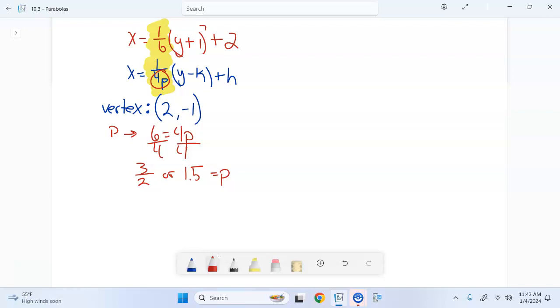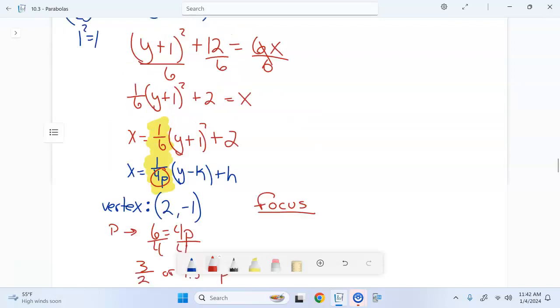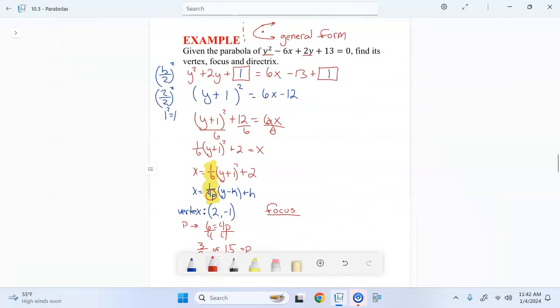So now let's find our focus using that 1.5. Where is our focus relative to the vertex? Is it left? Is it right? Is it up? Is it down? To the right. When we move to the right, what value are we changing? X or Y?